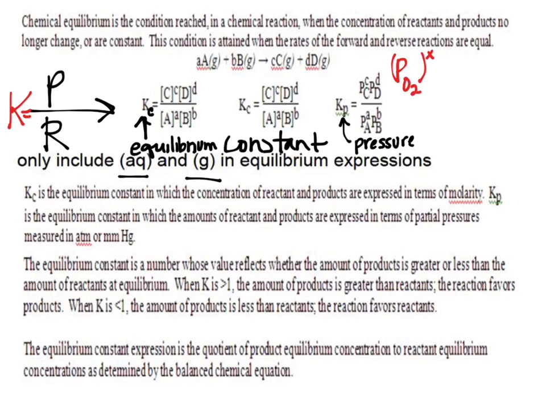So yes. The big thing here is, if K is greater than 1, what can we say about that? If K is greater than 1, then that means the products are favored.